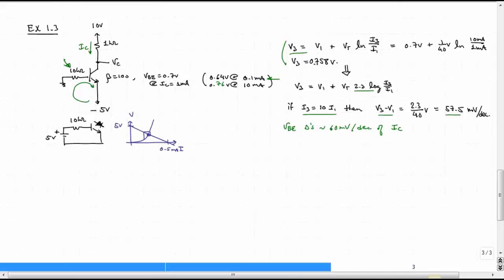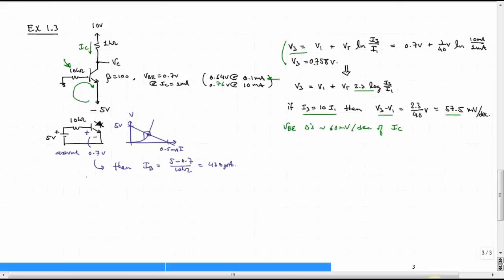So let's just make an assumption on the VBE voltage for a moment. If we assume that it was 0.7 volts, then we could easily calculate the base current. It would just be 5 minus 0.7 over 10K, so that would be 430 microamps. Now if we were off on that 0.7, let's think about it: it changes by 60 millivolts per decade, so what if we were off by an entire decade?